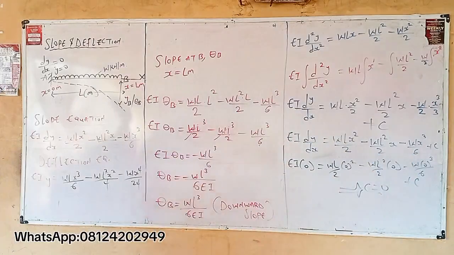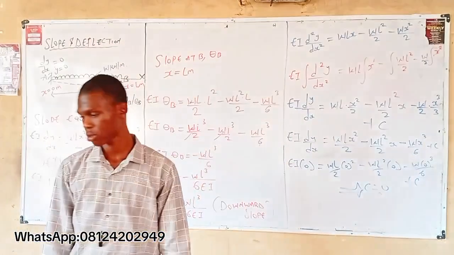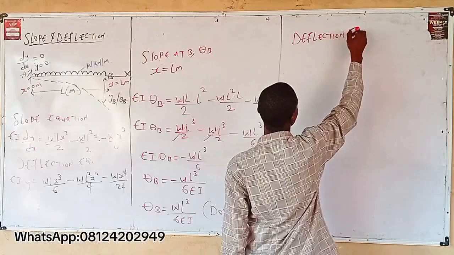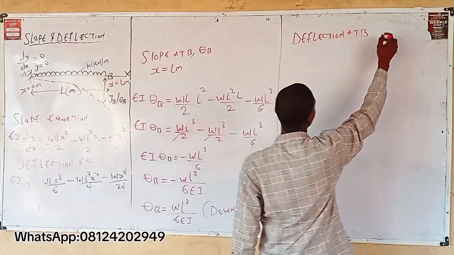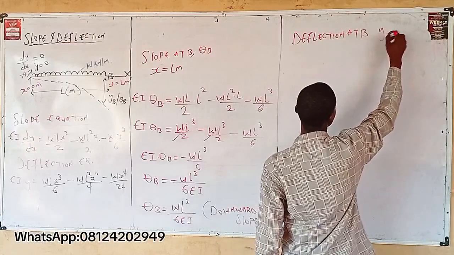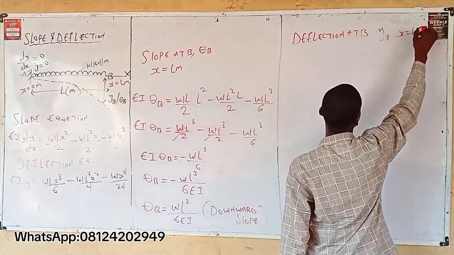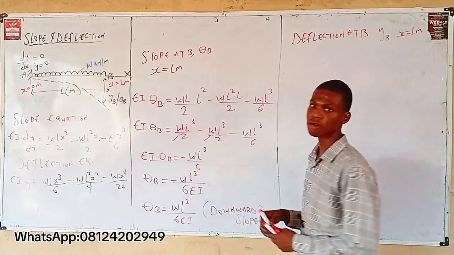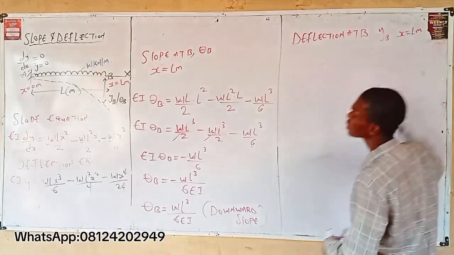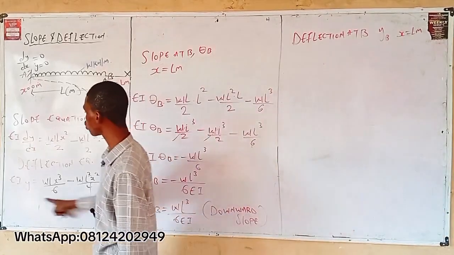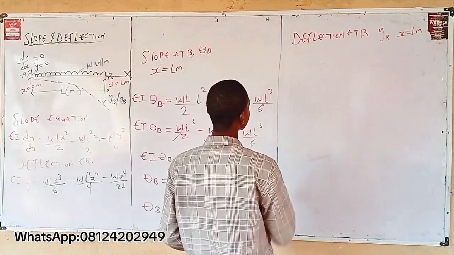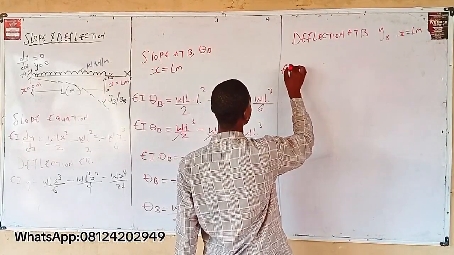The same way you calculated the slope at the free end, you will do for deflection too. Deflection at B, meaning y subscript B. What is the value of x? L meter. Is that correct? Yes. So substitute x equals L meter into your deflection equation. So let's do that together.